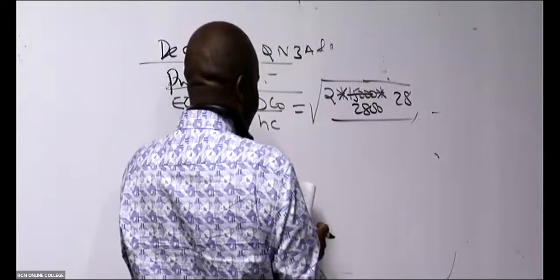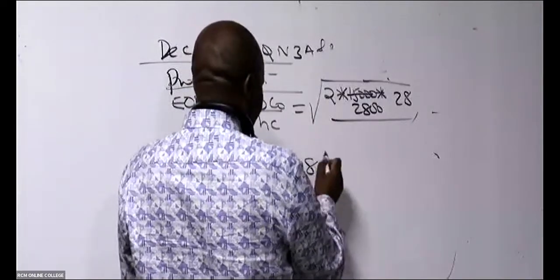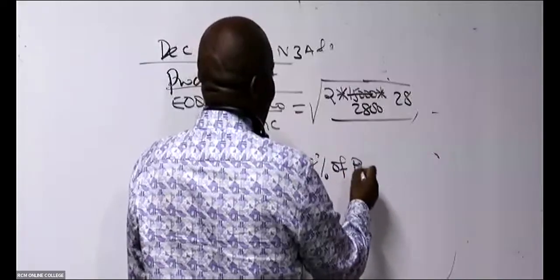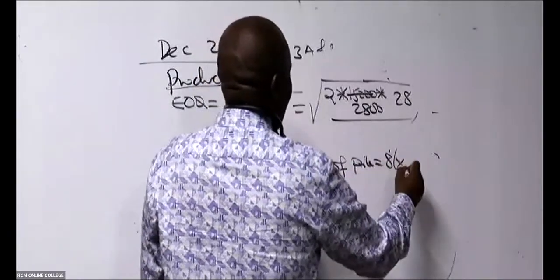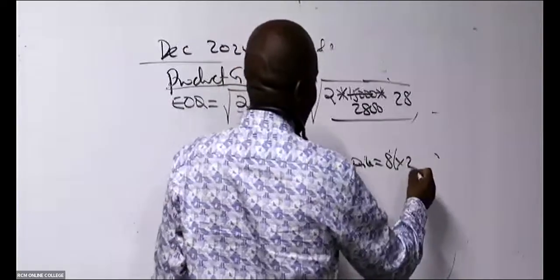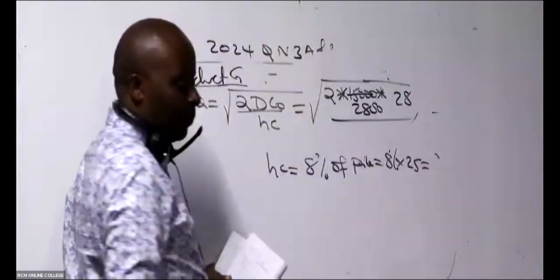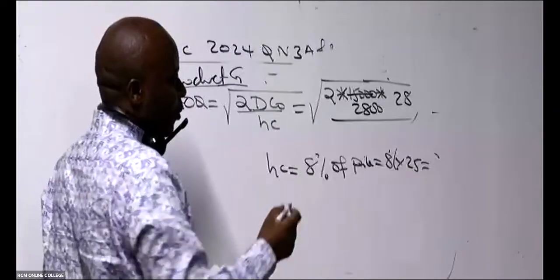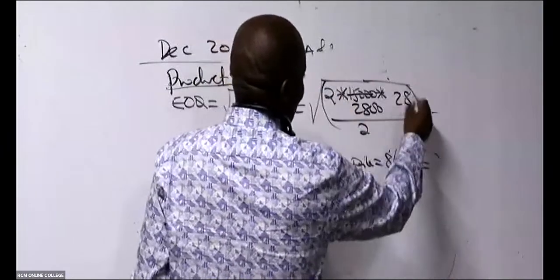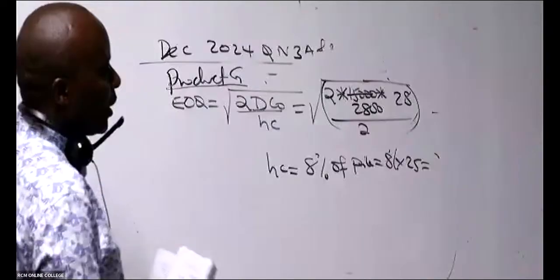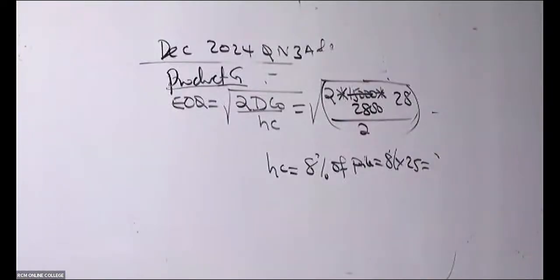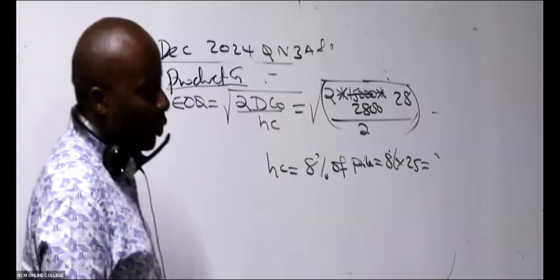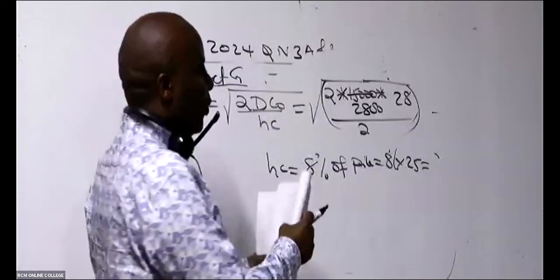Holding cost is 8% of price, that is 25. Can somebody give me this figure first of all? 8% is 2. So you say 2 times 2,800 times 28, divide by 2. Whatever answer you get, go there right away and get the square root. They're giving me 280.